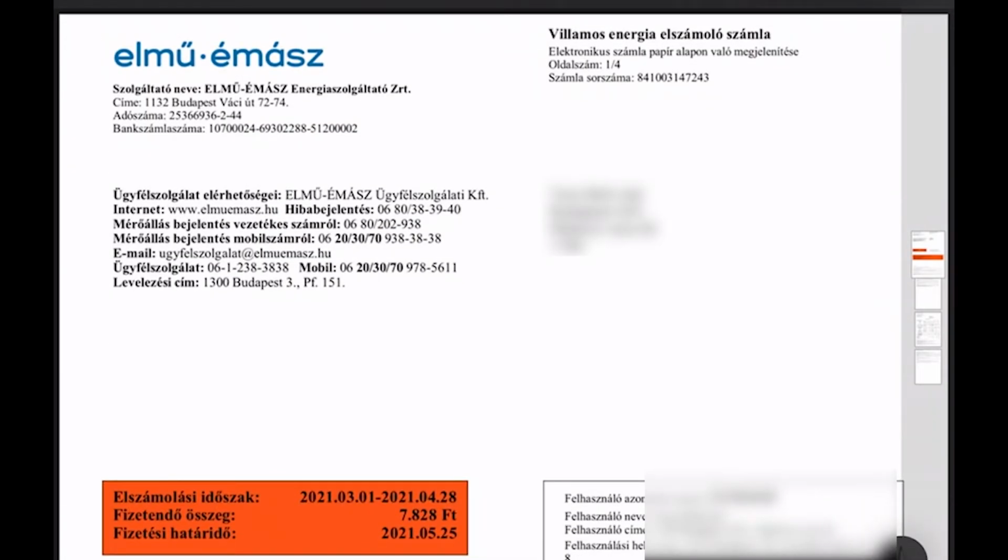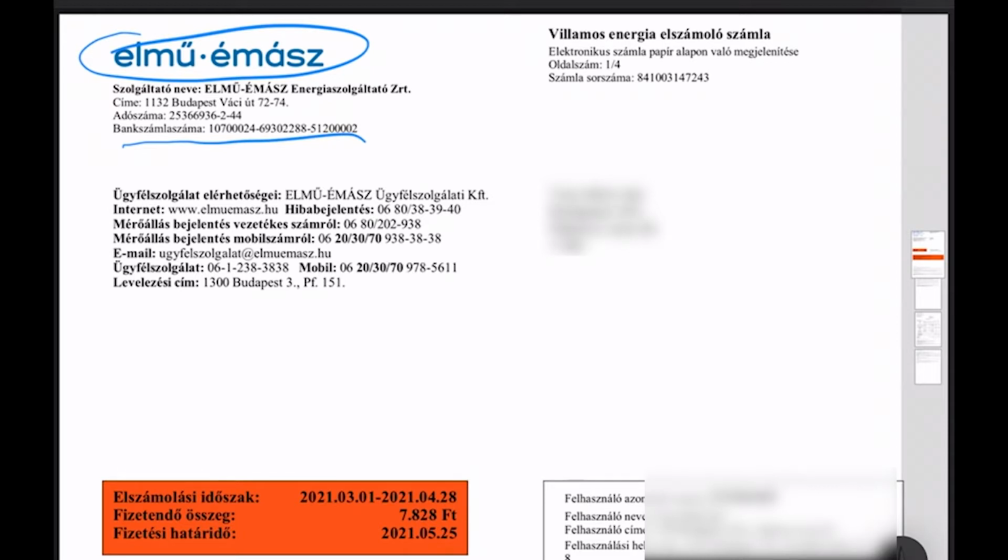This is the name of the company, and you can also see a bank account here, which means that you can transfer the required money, but make sure you insert all the necessary information, like you identify yourself and what you're actually paying, because if you don't, then they might not know who's paying for what.